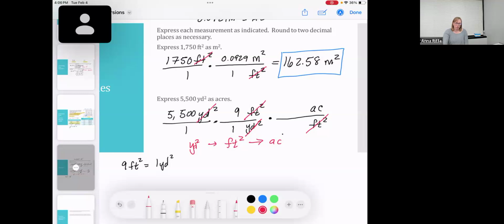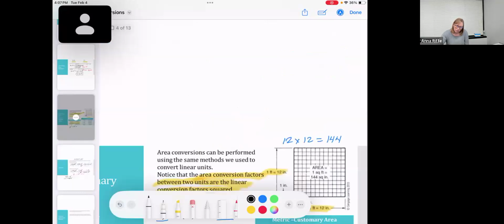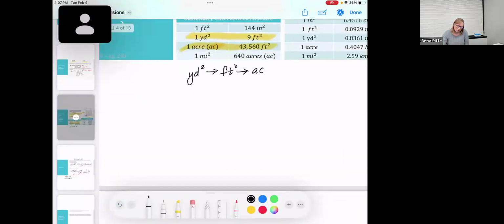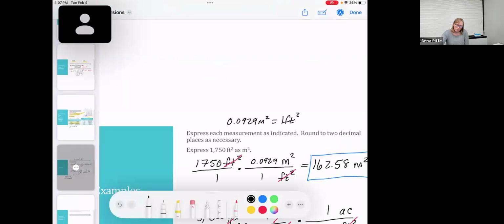And we can remember that the conversion factor we found said that 1 acre is equal to 43,560 square feet. It's a lot of square feet. So I'm going to put 1 on top for the acres, 43,560 feet. Let me make sure that was actually what we got. Yep, 43,560. Okay.